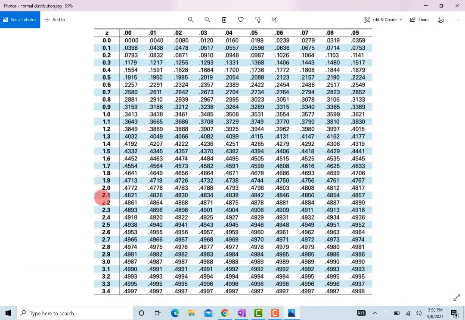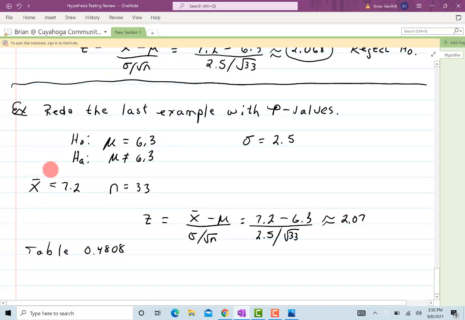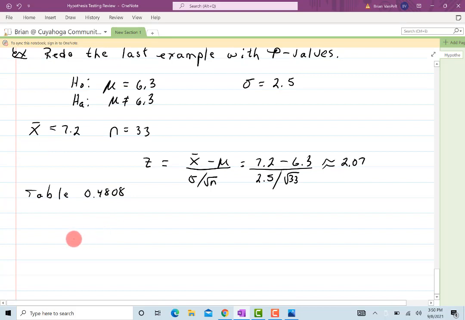2.07 is 0.4808. So the table gives me 0.4808. What that tells me though is this is what the table gave me.